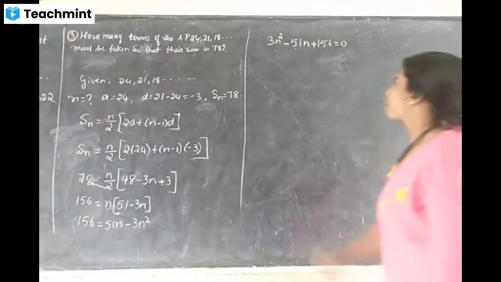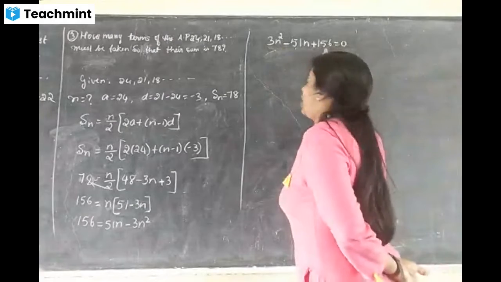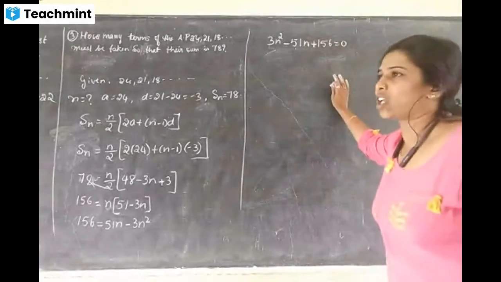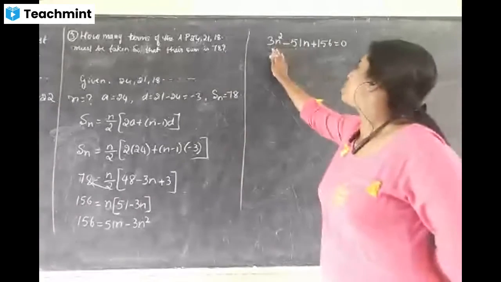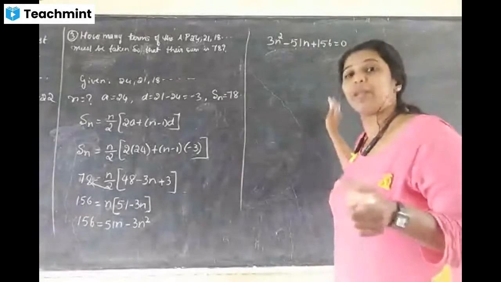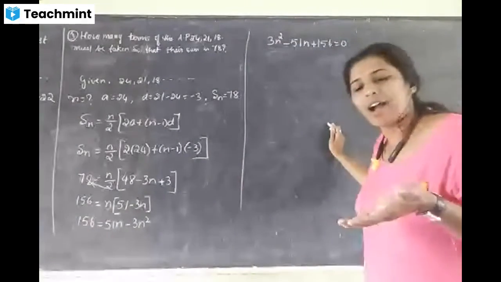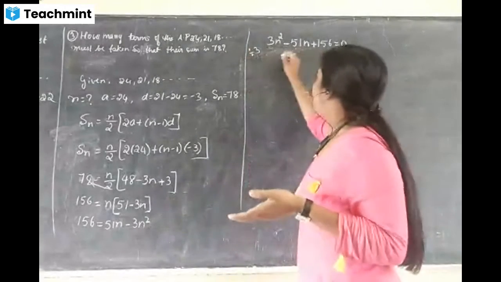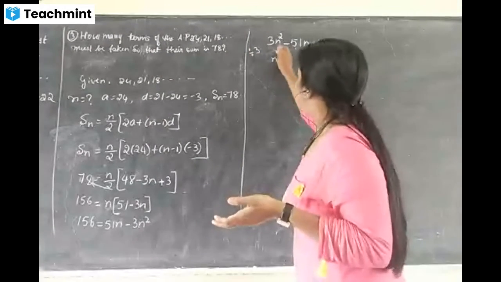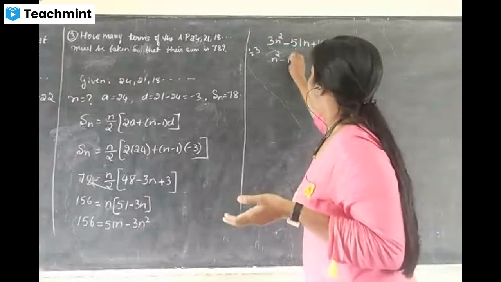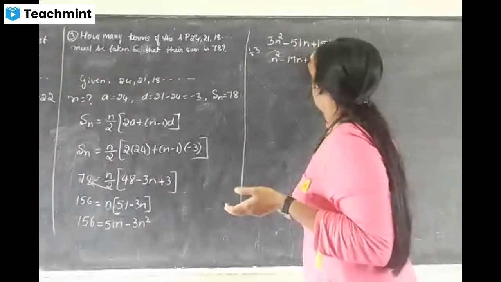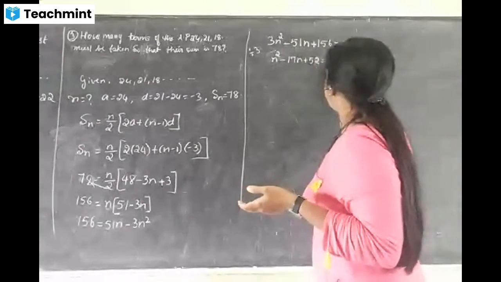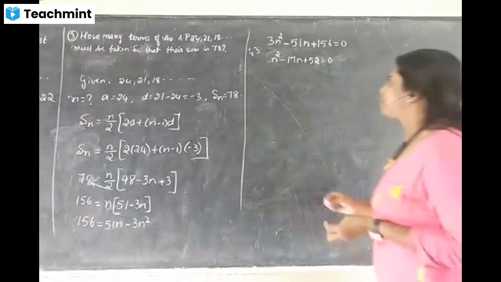Okay? Now the whole equation we will divide by 3. When you are getting a quadratic equation, the first thing you must observe is whether the whole equation is divisible by any number or not. If it divides, you have to divide, otherwise it's difficult to find the roots. You divide 3 by 3, we get n square, 51 by 3 is 17, 156 by 3 is 52.